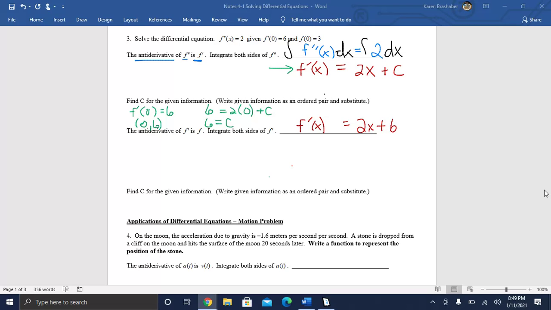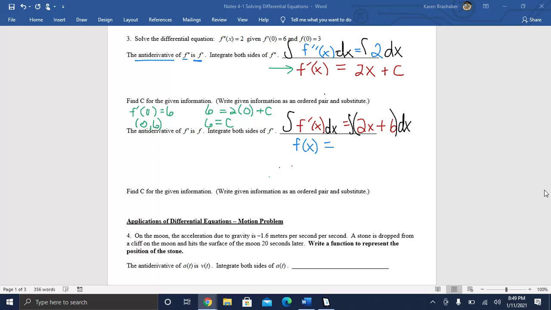And then we're going to keep going because I want to know the original function. So we'll integrate both sides of the equal sign again. And the antiderivative of f prime of x would be f of x. And then we'll need to use our power rule.